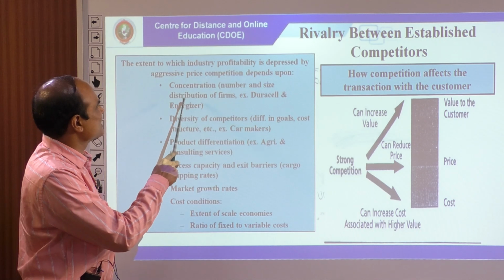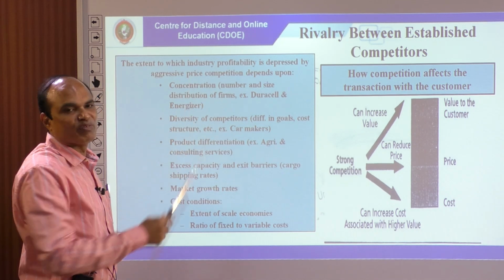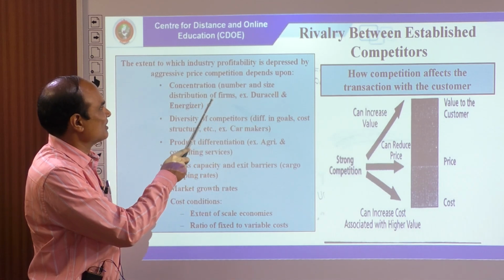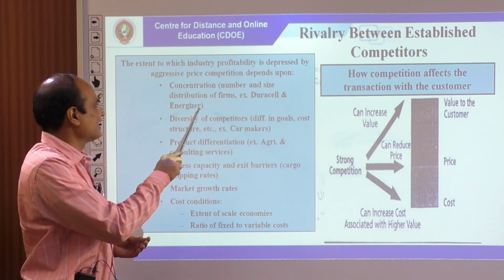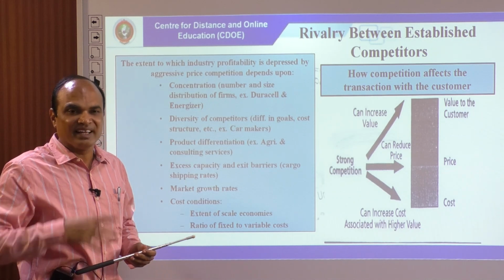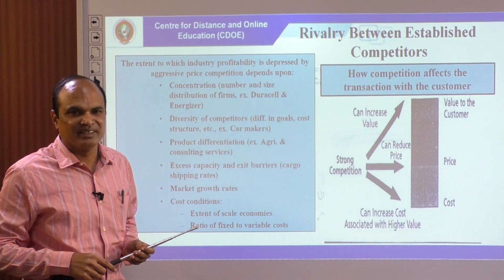So, the concentration and the number of firms determine the profitability. If there are more players, then the profitability would reduce. So, the lesser the concentration, the higher the profitability. The higher the concentration of firms, the lesser the profitability.